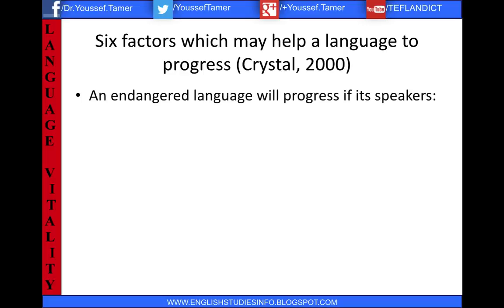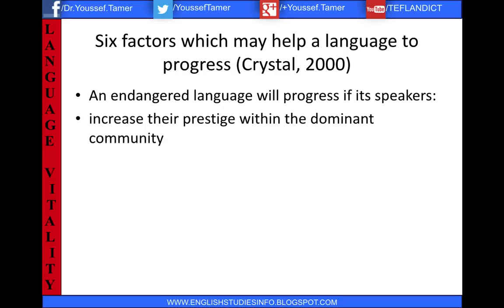These 6 factors: first one, increase their prestige within the dominant community. An endangered language will progress if the speakers of the endangered language increase their prestige within the dominant community.